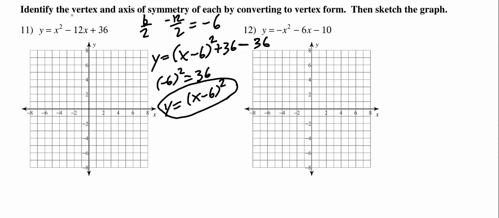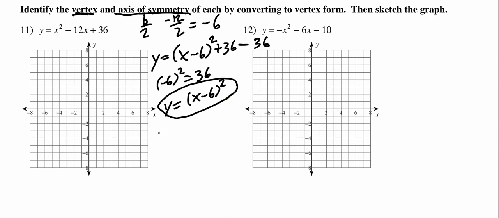So we need to find the vertex and axis of symmetry for all these functions right here. So how do we find the vertex? Well, the vertex is basically the opposite of the number inside the parentheses. And then the plus number, the number that goes outside, is the y value of the vertex, not the y-intercept.